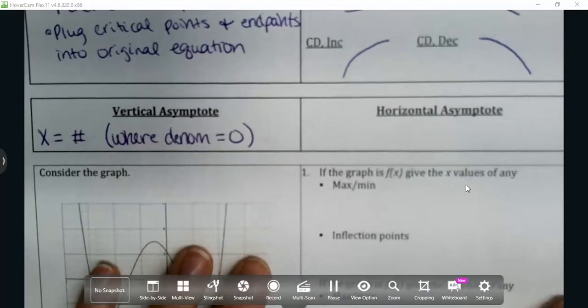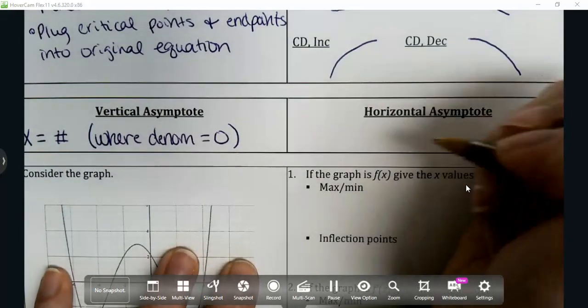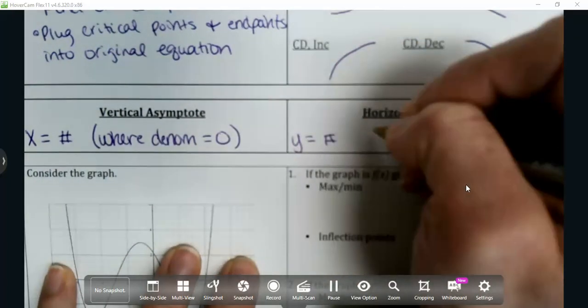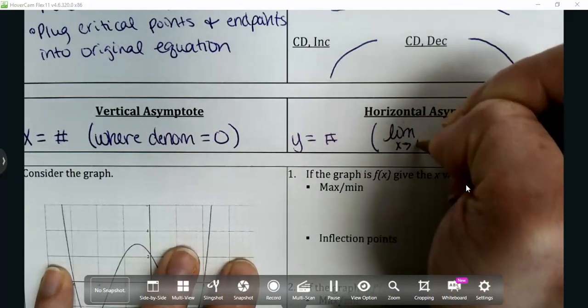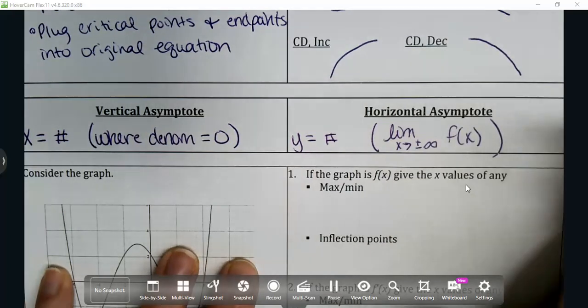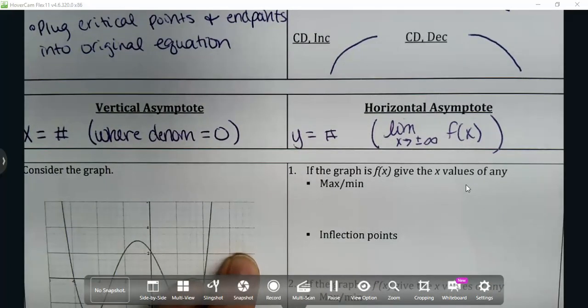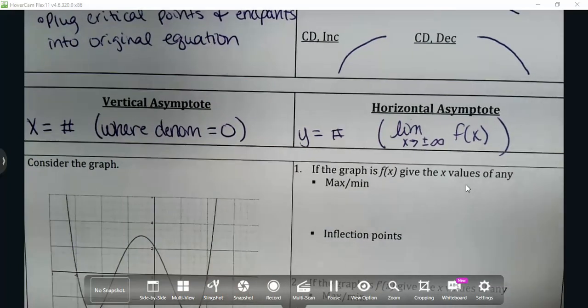All right, what about horizontal asymptotes? Good. So it will be y equals a number, and to find it, we do the limit as x goes to positive and negative infinity. And you guys remember the trick for working out those limits? We divide everything by the highest power of x, so we could evaluate them. All right.